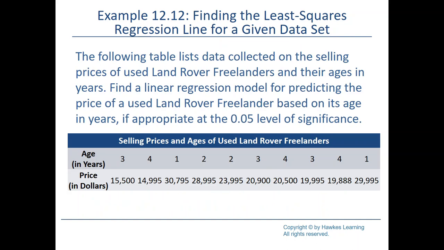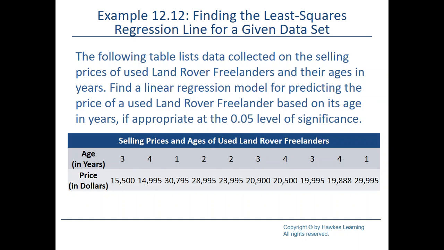So let's try this again. So the following data list collects the selling prices of used Land Rover Freelanders and the ages in years. Now we're going to find a regression model, a linear regression model, for predicting the price of a used Land Rover Freelander based on its age in years.